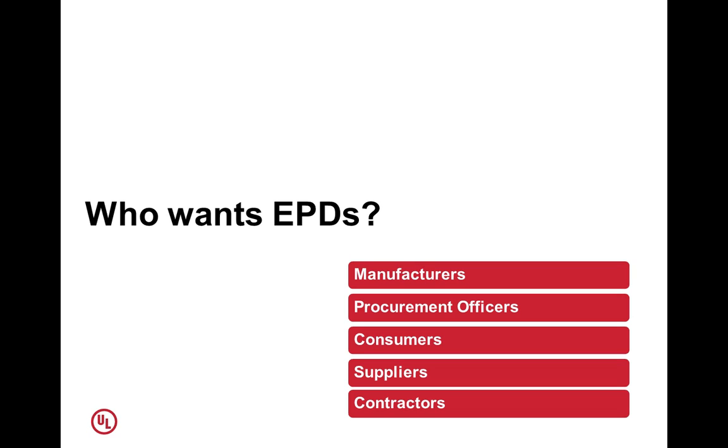Those questions are starting to broaden into other environmental impacts, but primarily right now we're getting questions about CO2 and carbon footprint. We talked about the consumer space a little bit, and in that space, mainly retailers are starting to look at this type of information. And then last but not least, suppliers and contractors, since they are in that value chain.